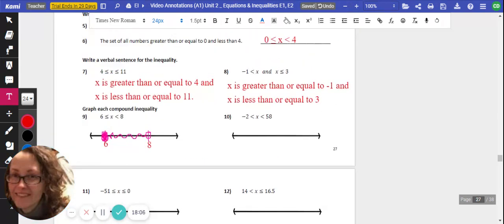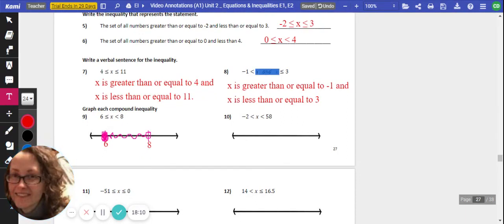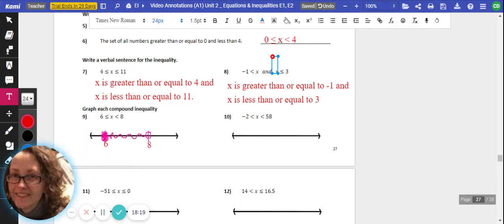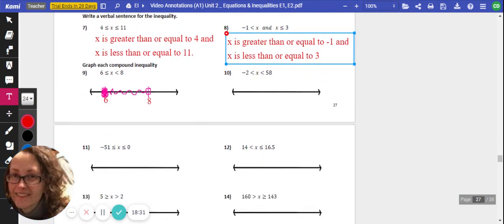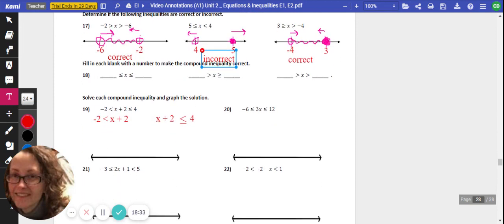Just like up here, number 8, where I said this would be the same thing as getting rid of all of this and just replacing it with a single x in between. I can also split my combined inequality into two separate inequalities where that middle part is repeated for both inequalities.